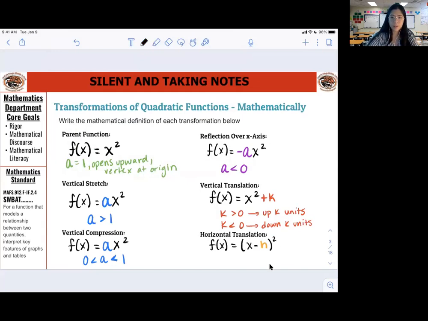And for horizontal translation, we flip the sign of H. You have to think backwards. If H is greater than 0, it goes to the right. And if H is less than 0, it goes to the left. So that was a review of everything we talked about yesterday. Now is a really good time to ask any questions you still have about this.